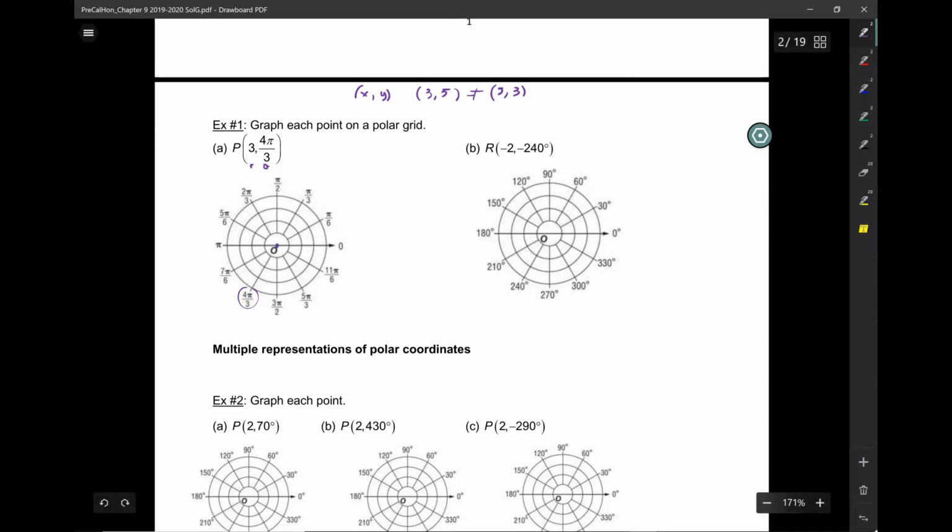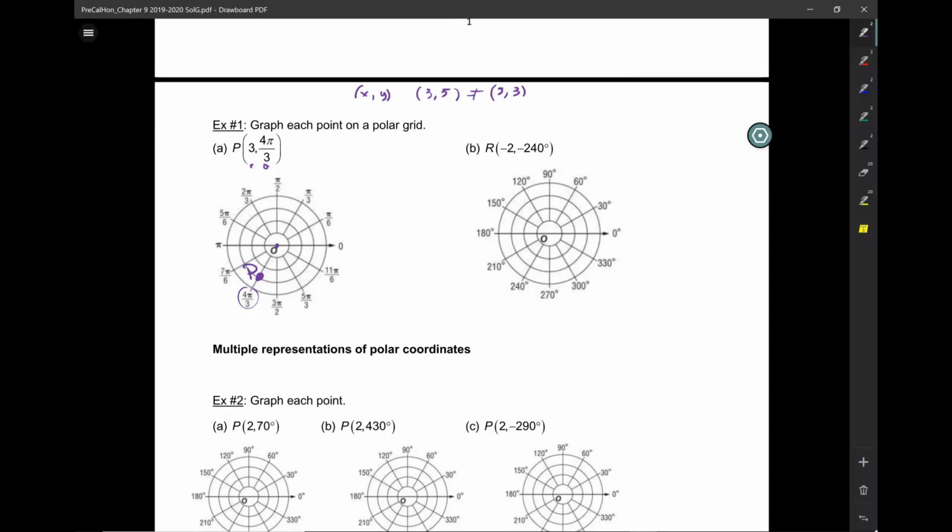So if that's the center, 1, 2, 3, there is my P. The origin is here, I just go 1, 2, 3. What do these remind you of? Think of where you see them in movies: sonar, radars. That's what this is.